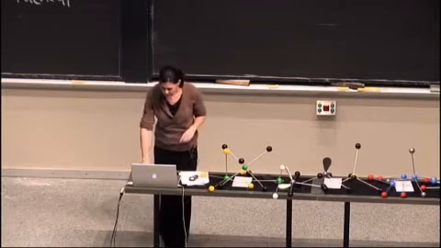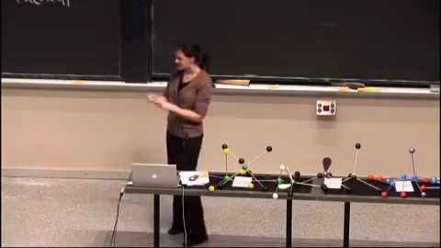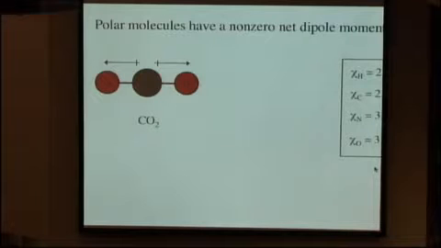So if we draw in the bond dipoles, and you can draw these into your notes, you want to draw an arrow toward the oxygen in each case. But we're not just interested here in thinking about, do we have a polar bond? We actually want to know, in general, do we have a polar molecule? So looking at CO2 as a whole, do you think we have a polar or a nonpolar molecule here?